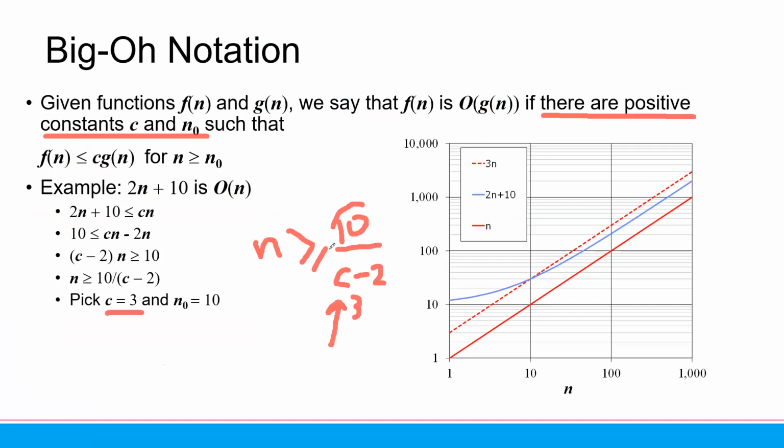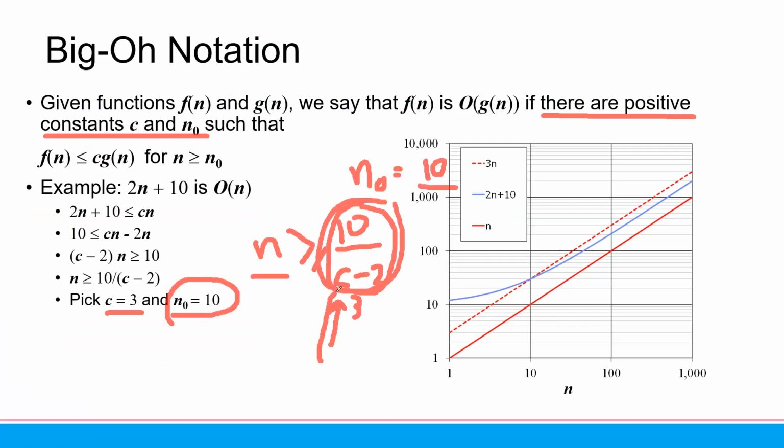So if it is 10 divided by 1, then this n, we call this N0, it will be 10. And we can specify N0. If it is 10, then okay. Then there will be a positive constant, because we have 10 as N0 when we put C equal to 3.